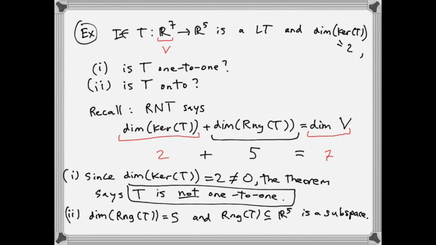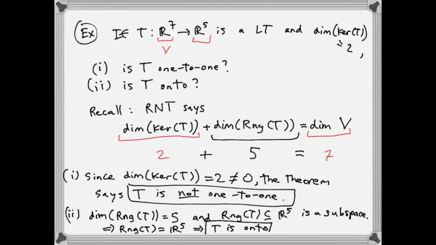Well, if you're a 5-dimensional subspace of R5, you must be the whole thing. So this implies that the range of T is equal to all of R5. Remember, guys, that is the space we're mapping into. In other words, our range is the whole space, so this implies that T is onto.